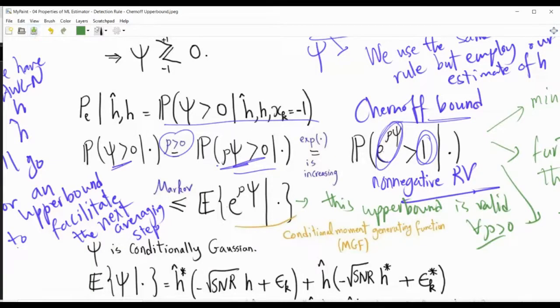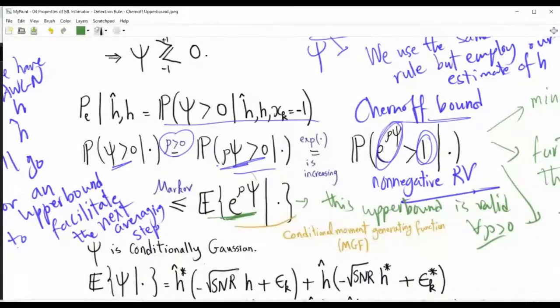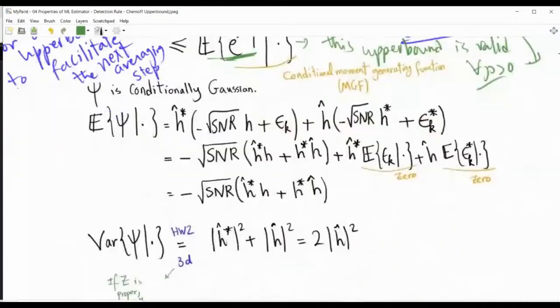Now, when you do the Chernoff bound, you typically hit the moment generating function of the random variable. So we need to know what this moment generating function is in our particular case. Note that when we condition on h and h hat and xk equals -1, this psi becomes conditionally Gaussian. Remember, psi was h hat conjugate multiplied by yk plus h hat multiplied by yk conjugate.